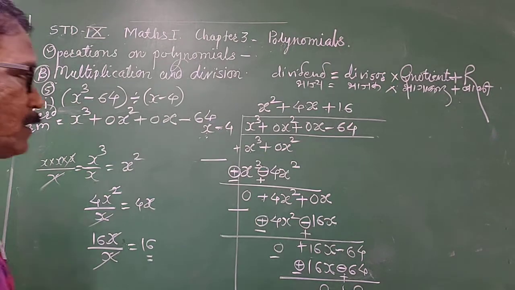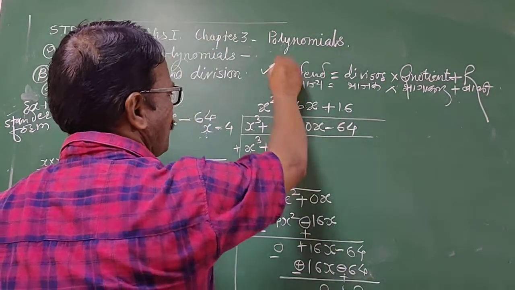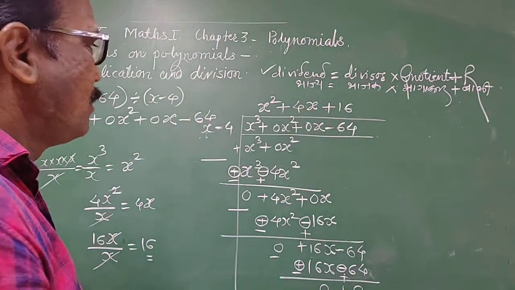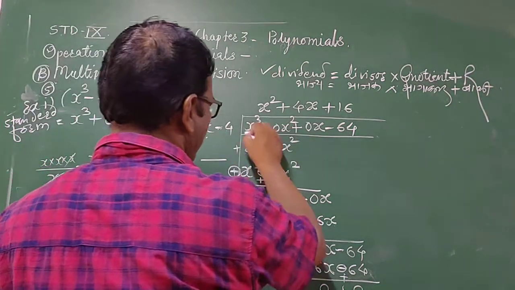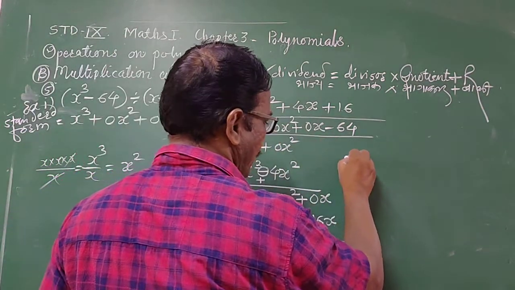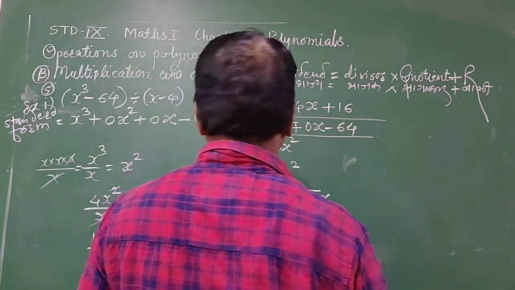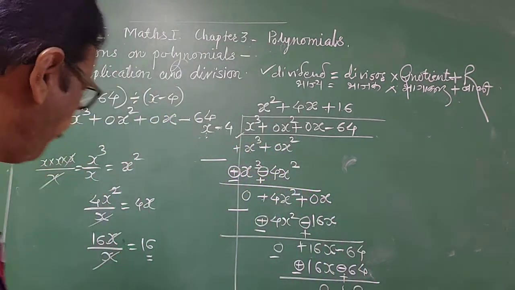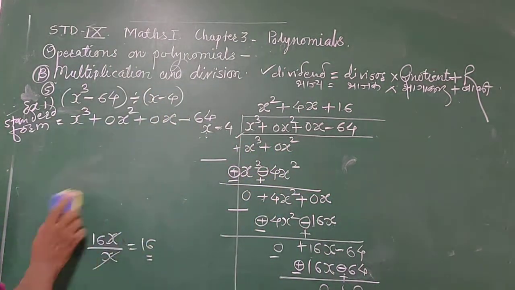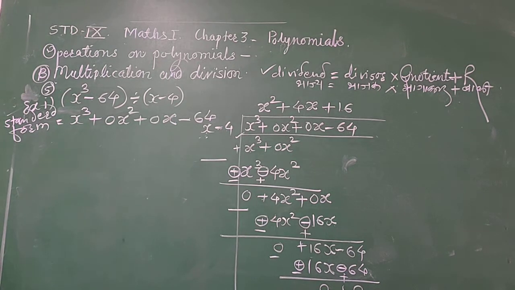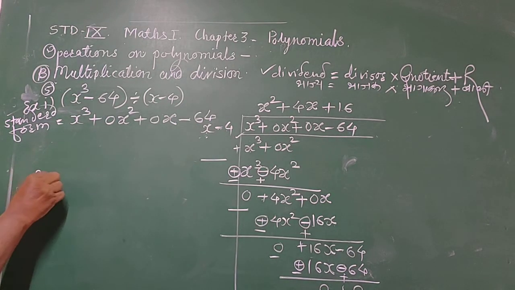This is the process, and the right answer is in this form. Dividend means this term, that is x cube minus 64.